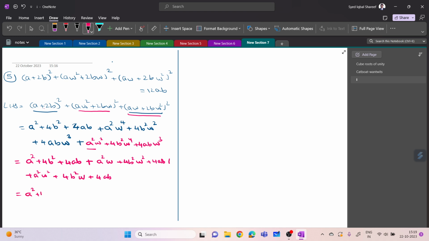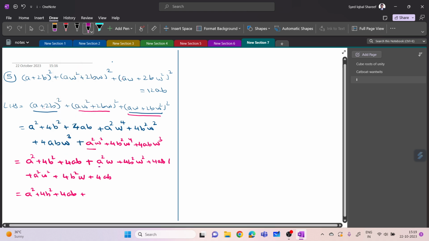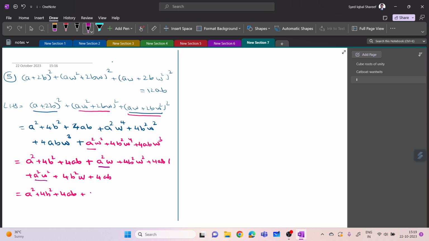A square, 4b square, 4ab, 4ab. Now I want to take a square common. You see, this a square common I am taking. So a square omega plus omega square.